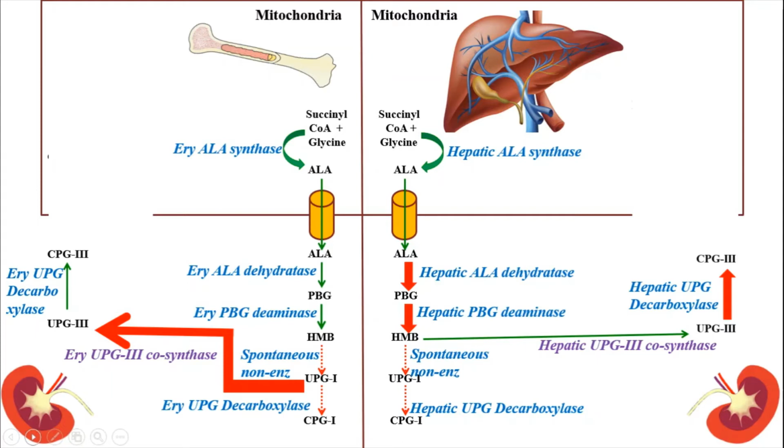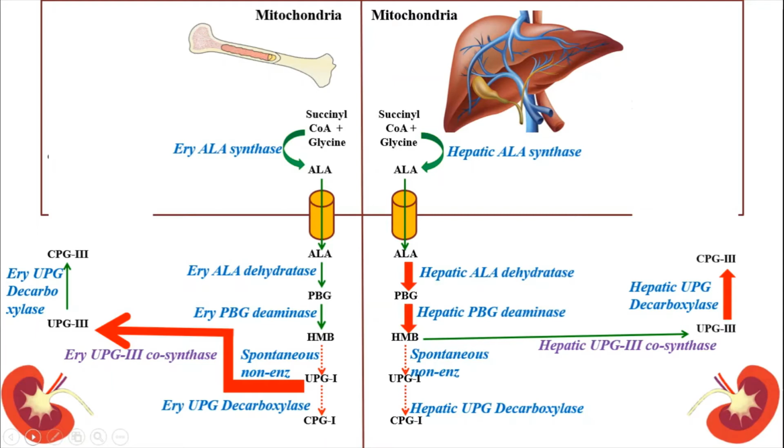As the product is a tetrapyrrole. Which product here? It is UPG3. Where is it accumulated? It is accumulated in hepatocyte first. The cause lies within the hepatocyte. So, as tetrapyrrole compounds are accumulated first in the hepatocyte and finally in the systemic circulation, photosensitivity must be there.